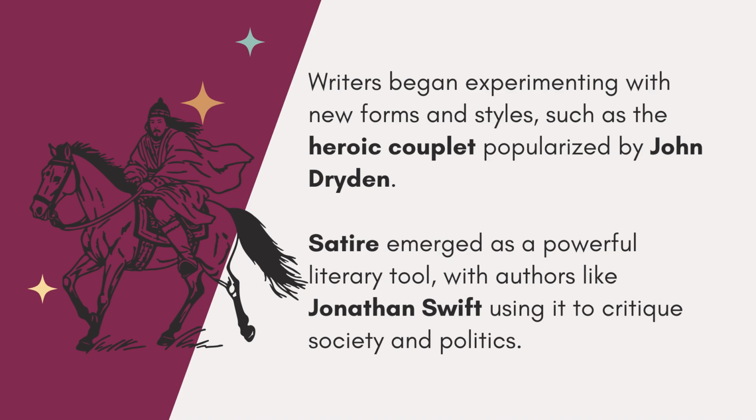It also explores other topics. Next, satire emerged as a powerful literary tool, with authors like Jonathan Swift using it to critique society and politics. As you all know, satire is a literary device that uses sarcasm to critique society and politics.